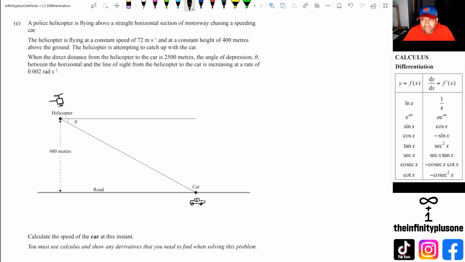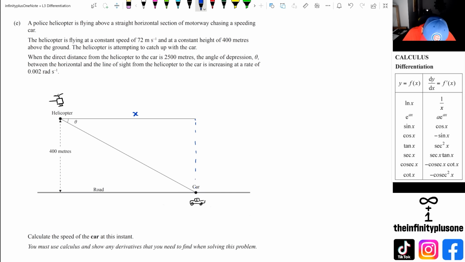So we're going to get through question E now. As you can see, my lovely pictures of my helicopter and car are there. All right, folks. So with this particular question, we're going to do a couple of things. We've got this x direction here, which is the horizontal distance from the helicopter to the car.